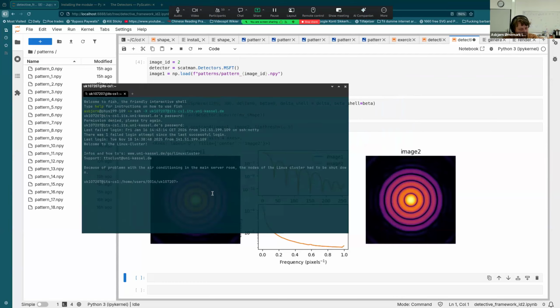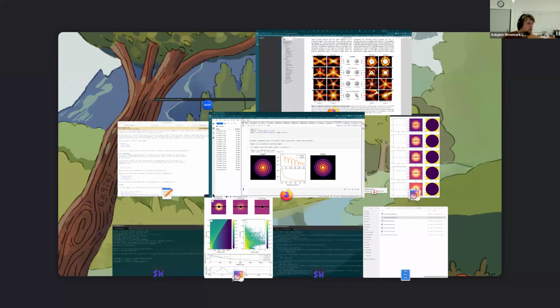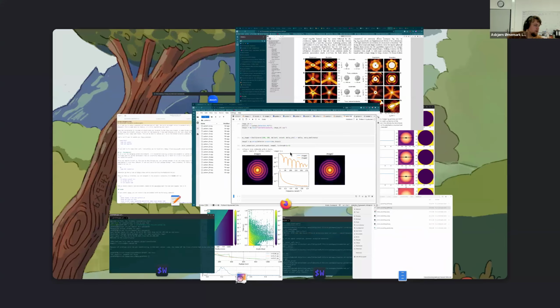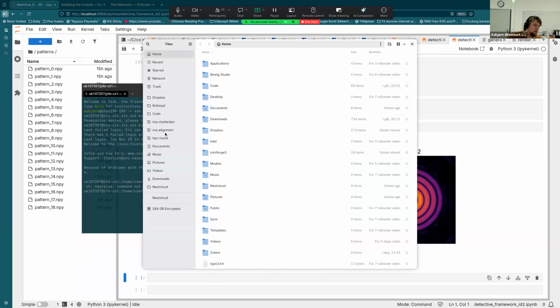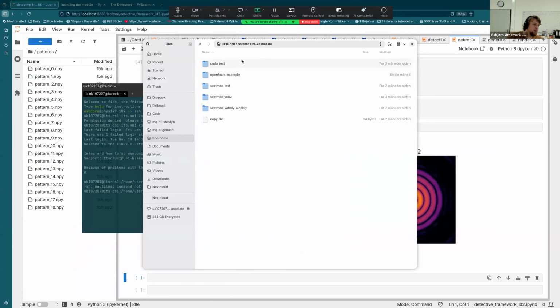One thing I have been playing a little bit around with is we've been trying to do this shape retrieval on some images we had from a beam time.